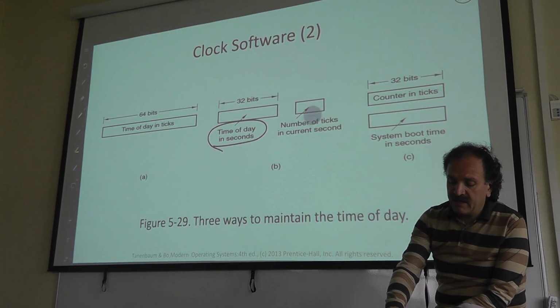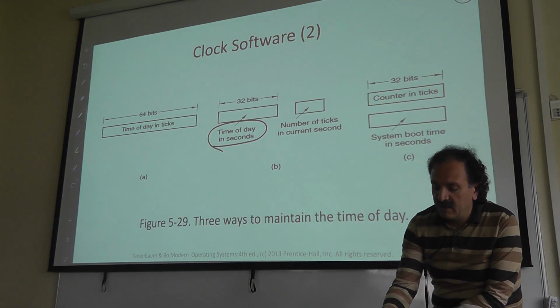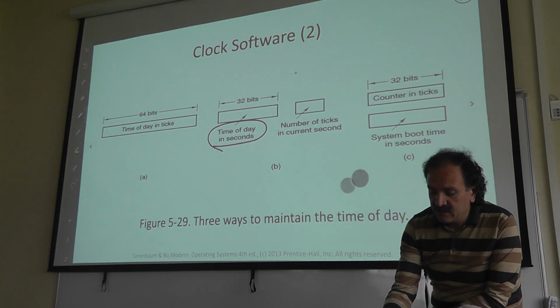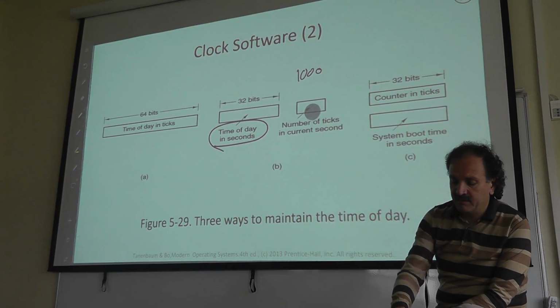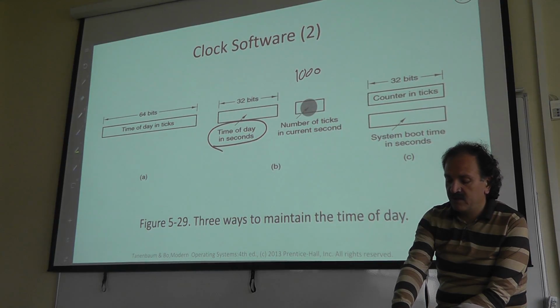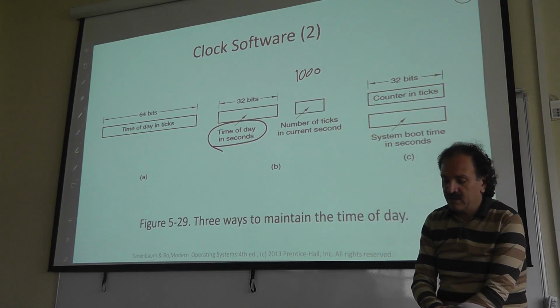How many times this interrupt is created within a second is stored inside this integer. So it could be maybe 1,000 times a second. That means every 1 millisecond you have an interrupt. So you need a large enough place to keep that data. Once this data reaches the maximum in a second, then you increment the seconds.